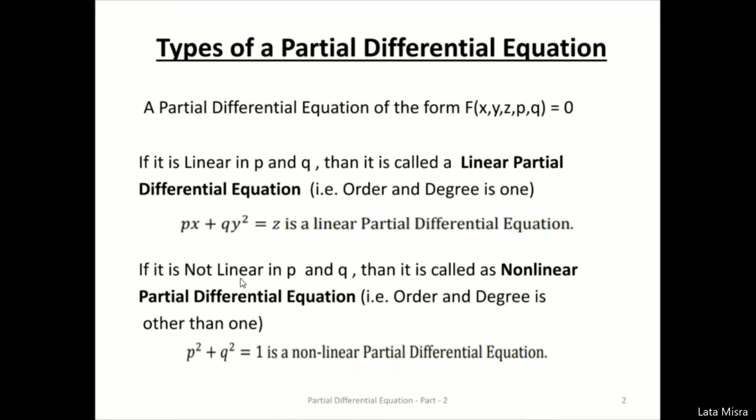If p and q are not linear, or we say the order and degree is more than 1, then it is a non-linear partial differential equation. For example, p² + q² = 1 is a non-linear partial differential equation.